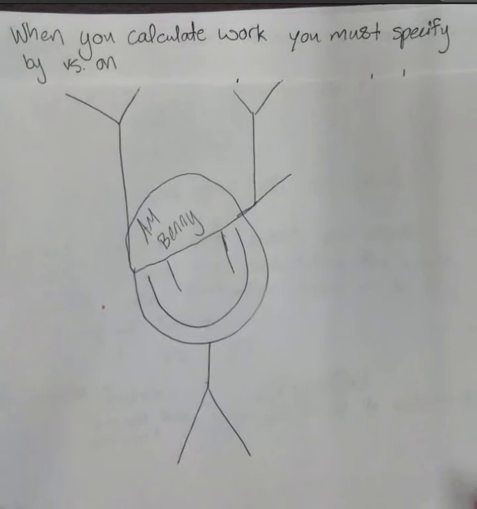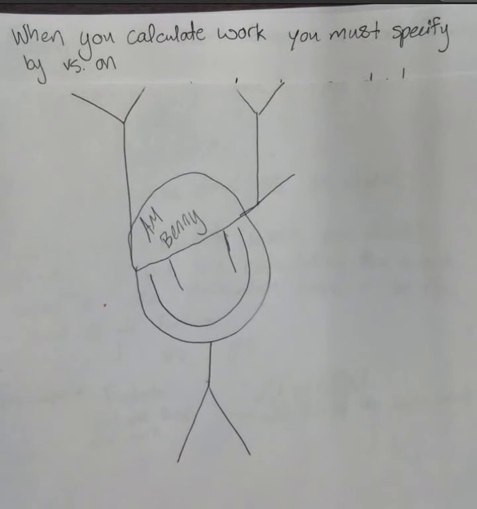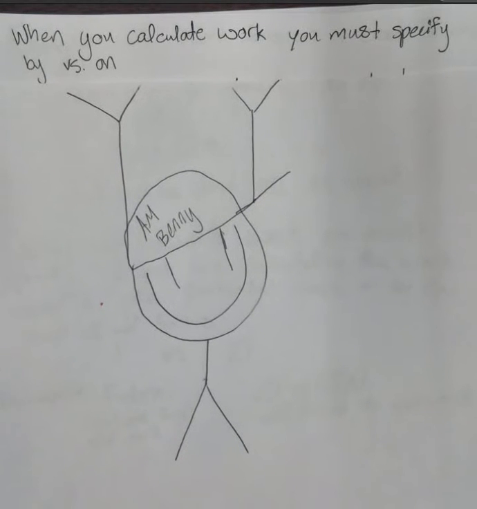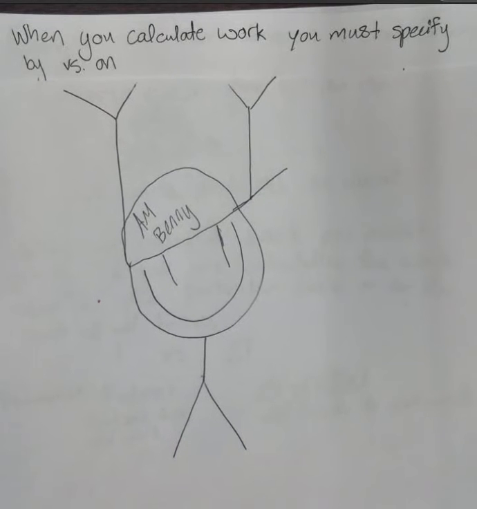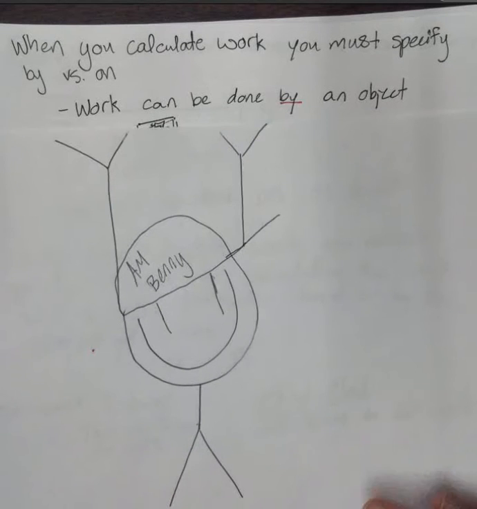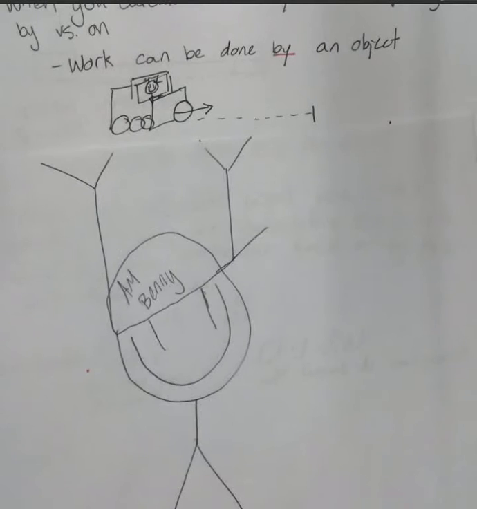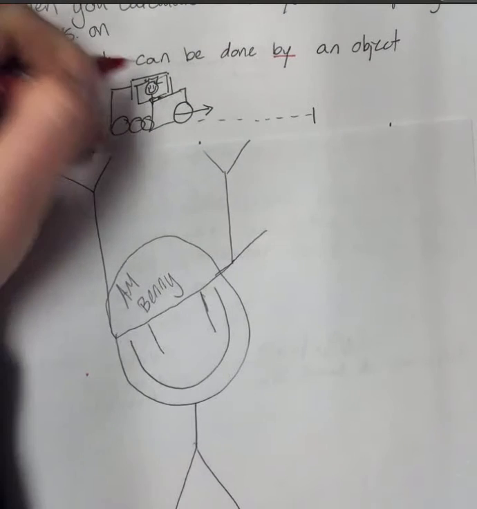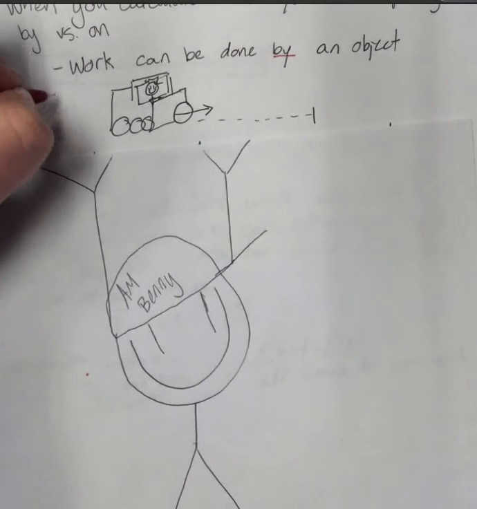So I already mentioned a little bit about when you calculate work, you need to specify if the work is done by the object or if the work is done on the object. Work can be done by an object. For example, let's pretend that the object is this bulldozer.